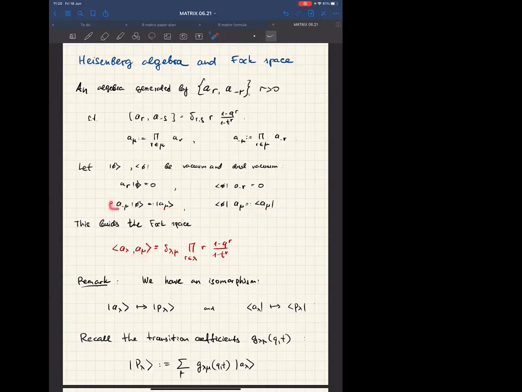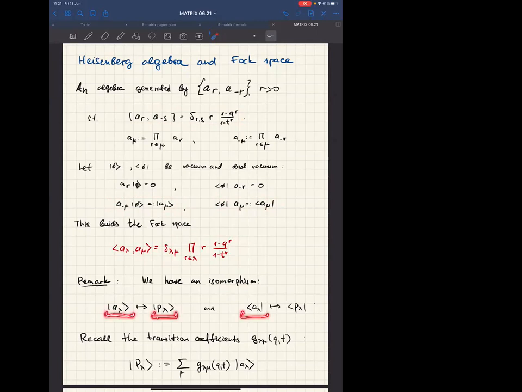Using these formulas here and the commutation relations over here, we can calculate the scalar product. That scalar product comes out as this quantity over here, which precisely coincides with the Macdonald scalar product. That allows us to conclude that there is an isomorphism between the power sum symmetric functions, the vectors labeled by the power sum symmetric functions, and the Fock space vectors built with the Heisenberg algebra.